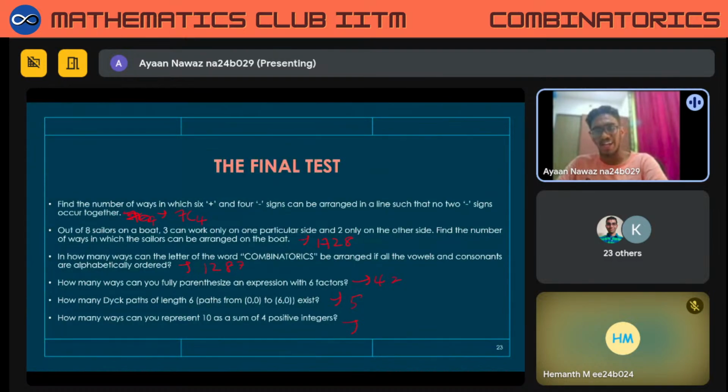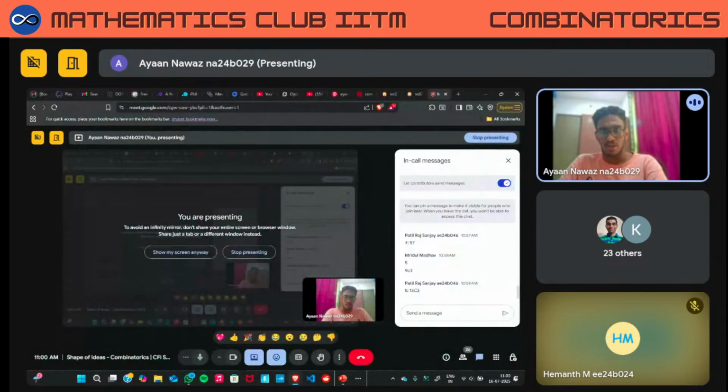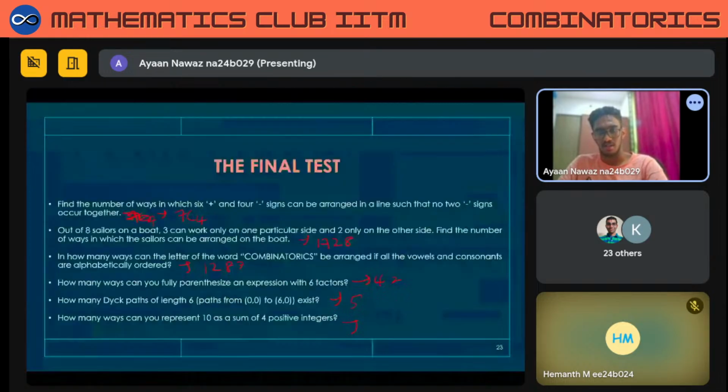You are using stars and bars directly. You have to substitute x as n minus k, and then you have to do it. You directly use stars and bars for getting 13C3. That's not the answer.